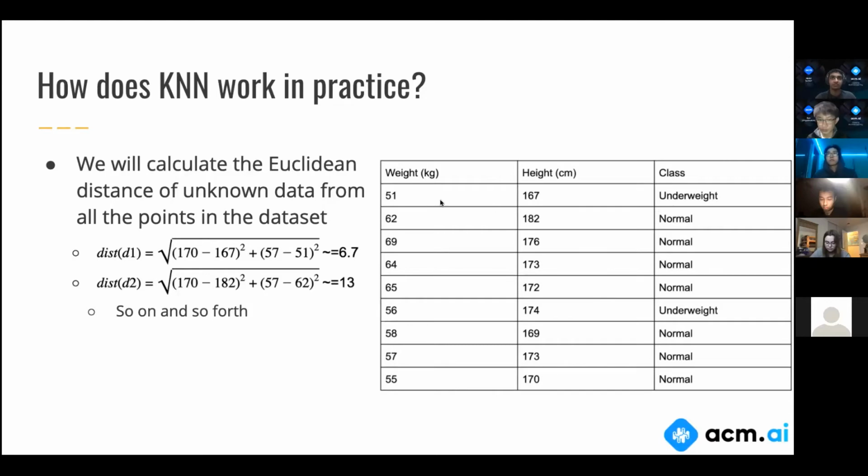For the first data point, we have 170, the unknown point's height, minus 167, the first data point's height, squared, plus 57, the unknown point's weight, minus 51, the first data point's weight, squared. We take the square root of that and get about 6.7. We do the same for the second data point, and I'm going to keep doing that for the third, fourth, fifth, all the way to the 9th data point.